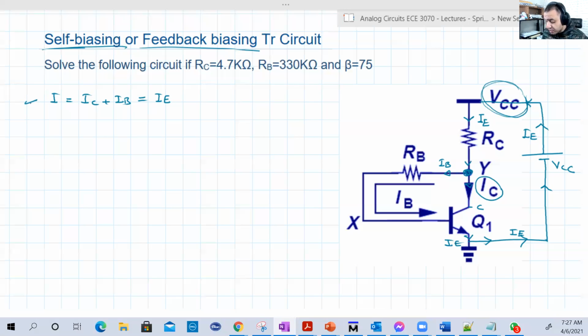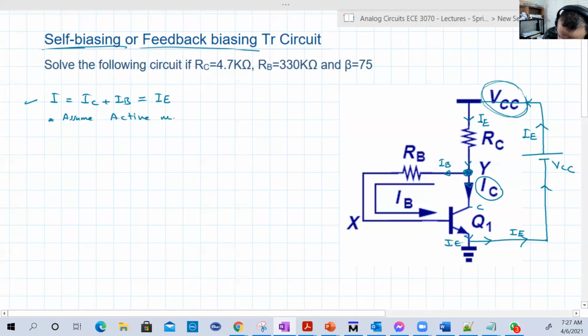Another thing we should do is that we're gonna assume active region. So VBE is equal to 0.7. And of course, IC equal to beta IB.